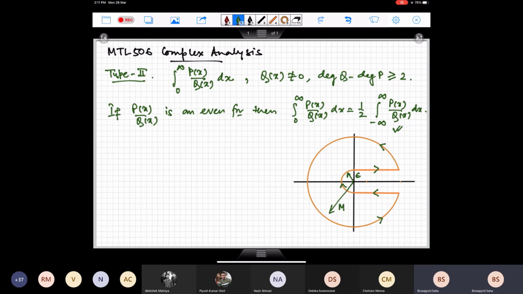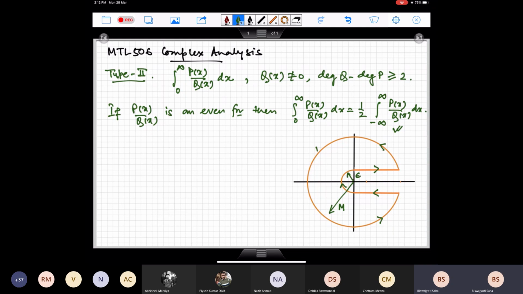Now the problem is if I try to directly integrate my function on this kind of contour.